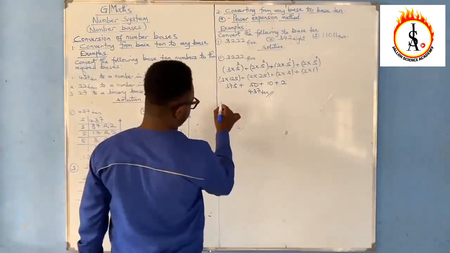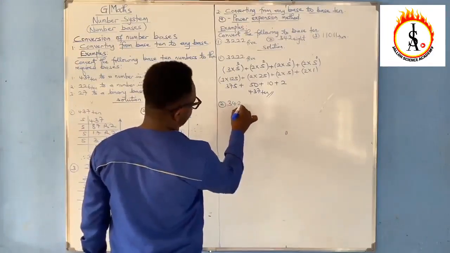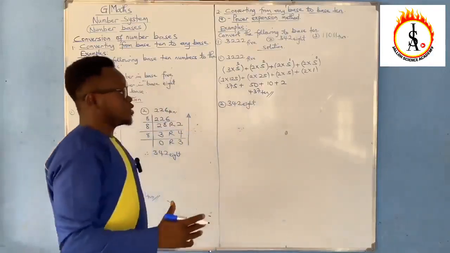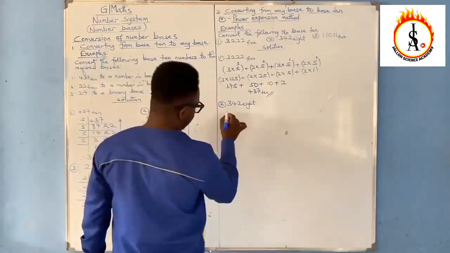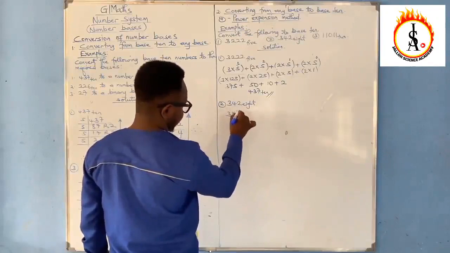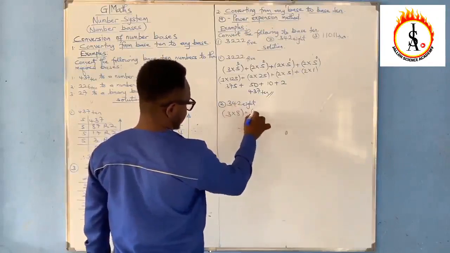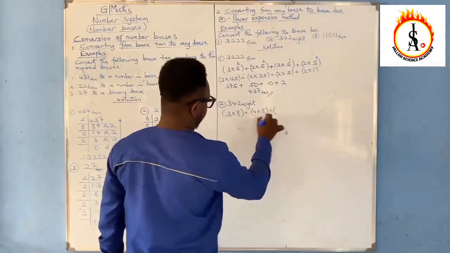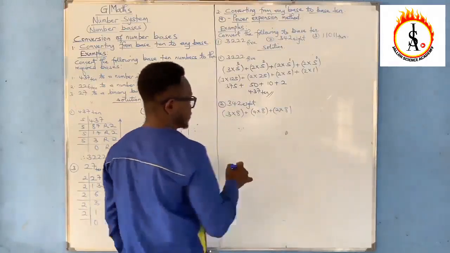Come to the second one, which is 342 in base 8, also using the power expansion method. So 3 here, we multiply it by the base 8, plus 4 multiplied by the base 8, plus 2 multiplied by the base 8.